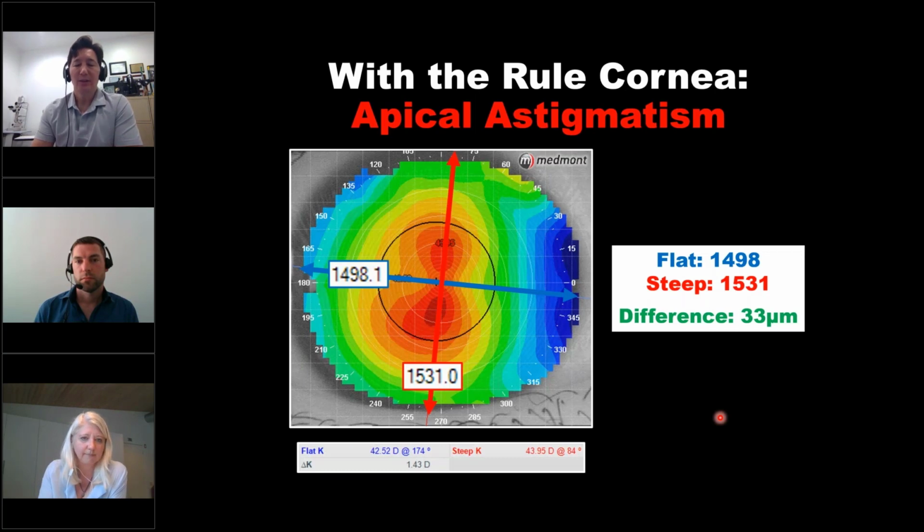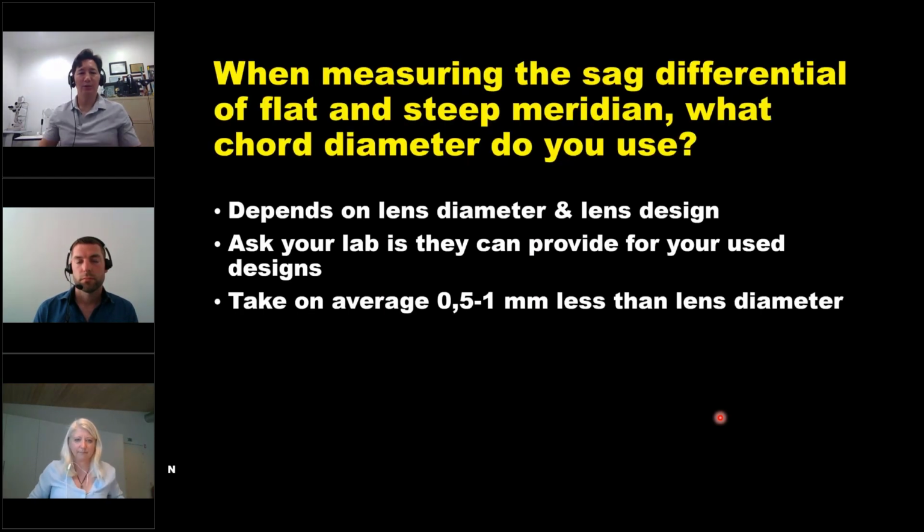We suggested that around 30 microns or greater is where you would use a toric rigid contact lens, a toric Ortho-K lens, anything corneal and rigid; that is the threshold that appears to benefit from a toric. So what chord diameter should we be using for this measure? Nikki, could you give us your thoughts on how we should approach this?